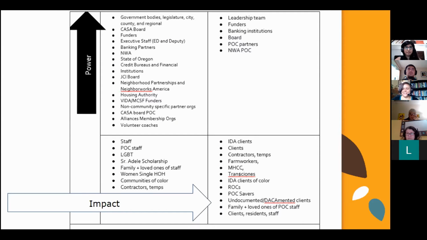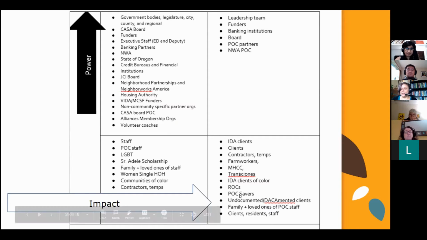Up here, I have a little power and impact analysis graph. The reason I wanted to put this in here is just so folks can kind of start thinking about who holds power and who's impacted, and where do those two groups line up, or where are they separate. So you can kind of see on this chart here that government bodies, board, funders, are the folks who have a lot of power in this field, right?